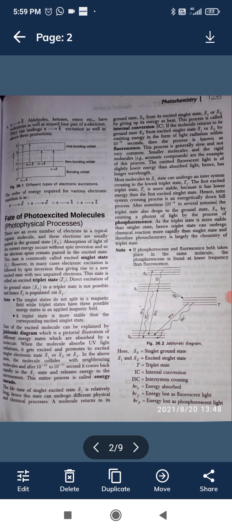Below is the ground state for an organic molecule, that is S0. S1 is the first excited singlet state, S2 is the excited singlet state 2, and on the right side, T is given, which is a triplet state.